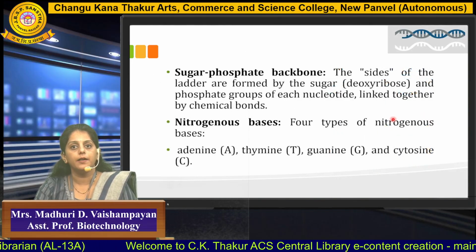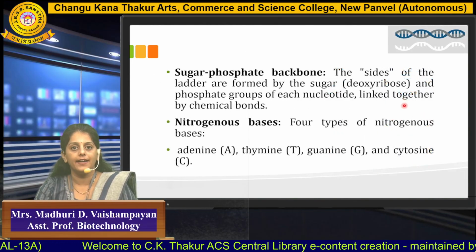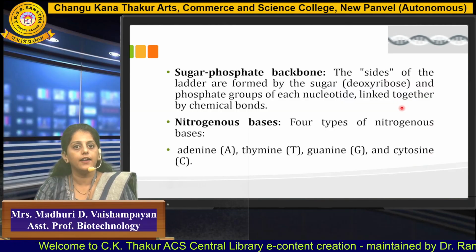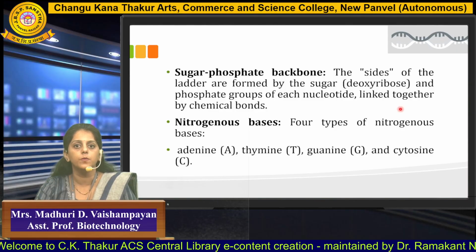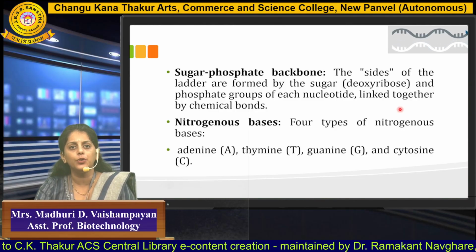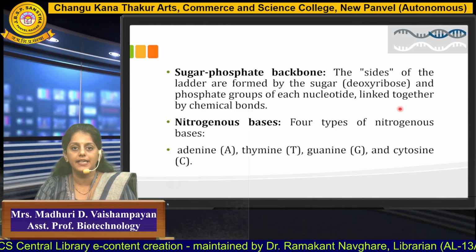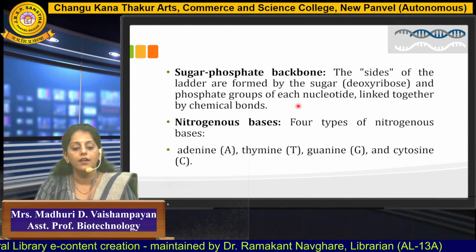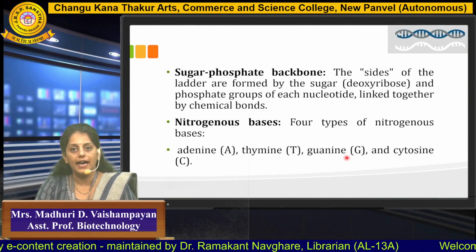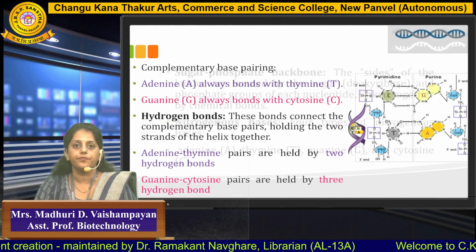The sugar phosphate backbone, these are the sides of the ladder which are formed by the sugar and the phosphate groups of each nucleotide, linked together by a chemical bond. Now, the nitrogenous bases which are present in your DNA molecule are adenine, thymine, guanine and cytosine.